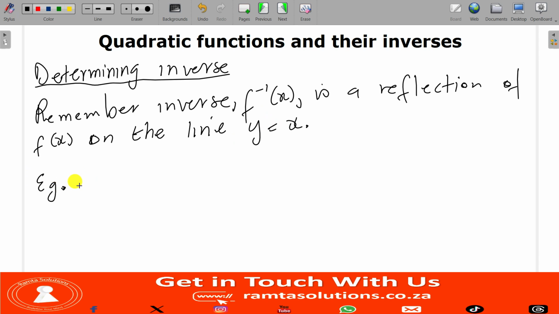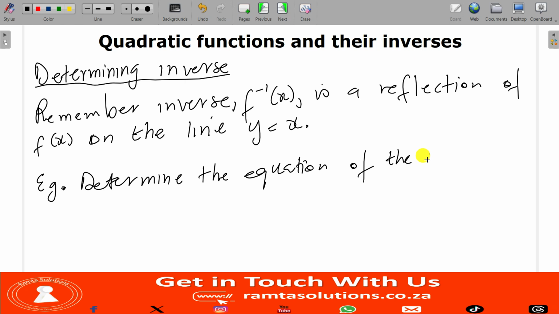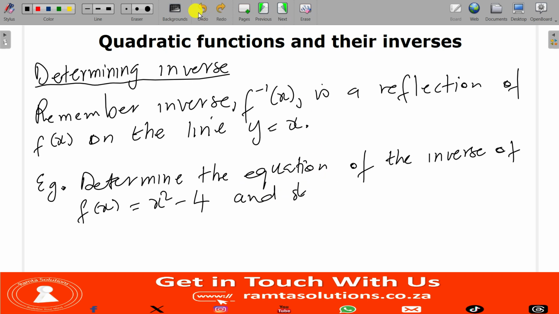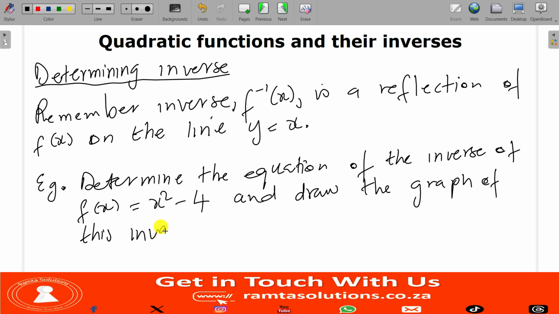Example: determine the equation of the inverse of f of x equals x squared minus 4 and sketch, and draw the graph of this inverse, okay?